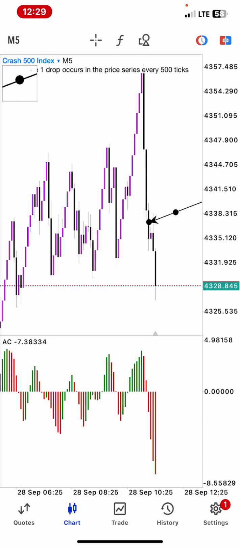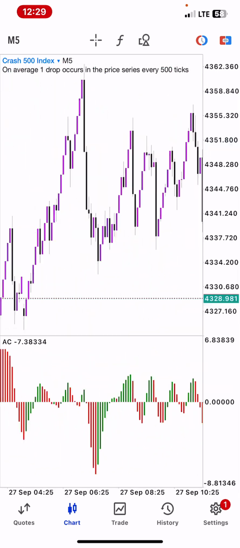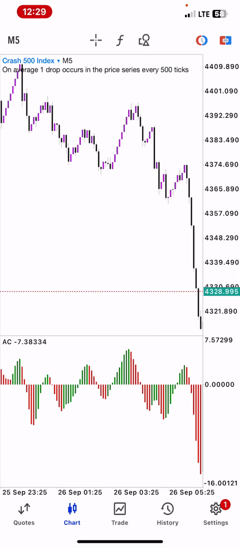I told you there will be more spikes, and just look at more spikes that really came. So you can see how beautiful this strategy is, how perfect this strategy.